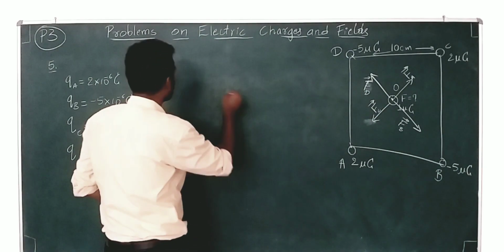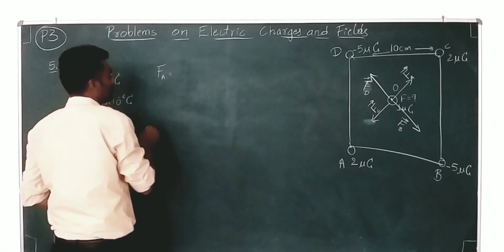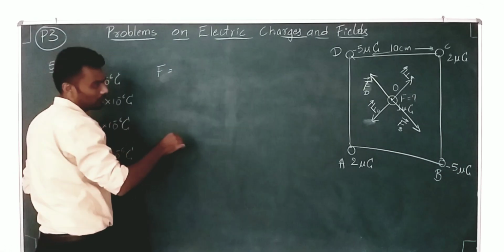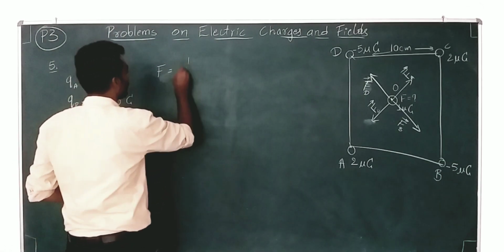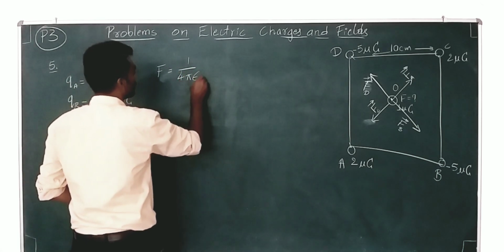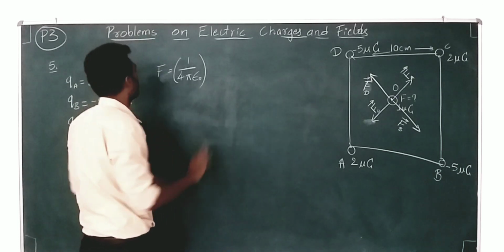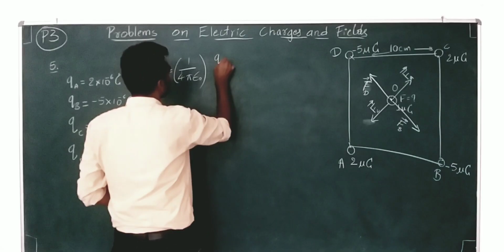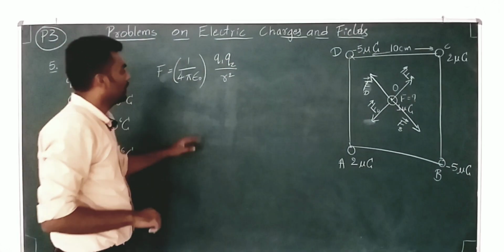The first force, let me take FA. It's always suggested to write the general formula, then go for finding individual forces. The general formula for the force between two charges is 1 by 4 pi epsilon naught. Again, they have not mentioned the medium, so we are assuming it as air, and it's 1 by 4 pi epsilon naught into Q1 Q2 by R squared or D squared.